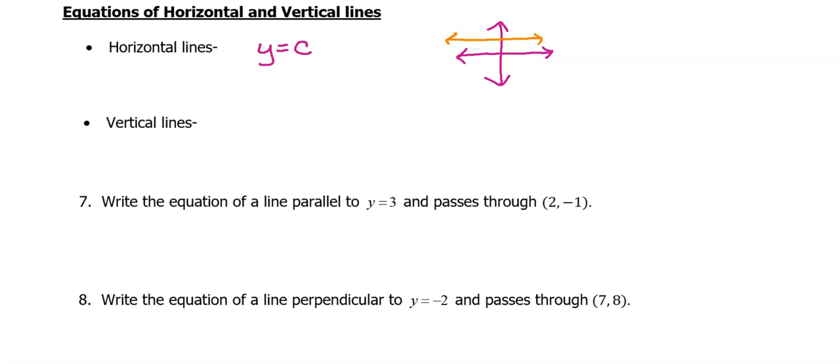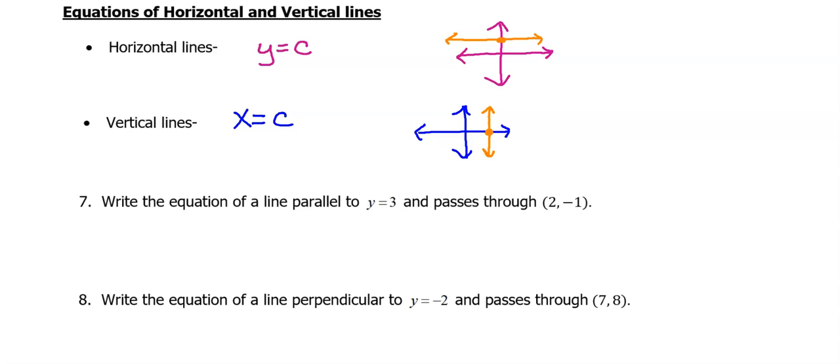So that's why we're using the y, because it's telling us which axis it's hitting and at what number it hits. As far as the vertical line, it's going to be an x equals some number, which is a constant. And again, if I'm looking over here on a graph, a vertical line goes up and down, so therefore it's going to hit the x-axis at some point, which we will call c. And then those are my special cases.